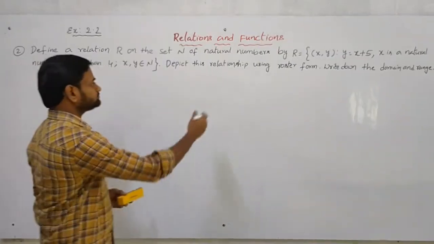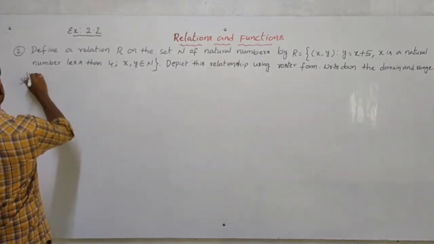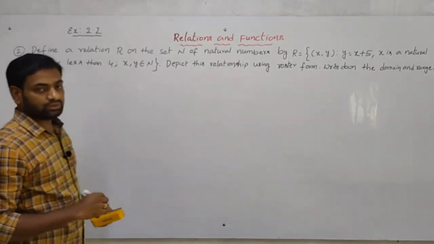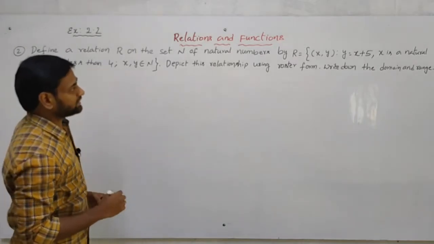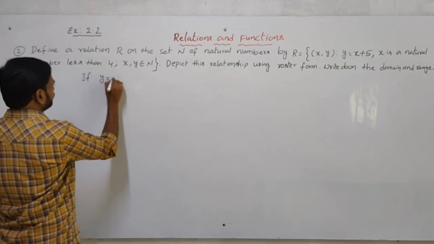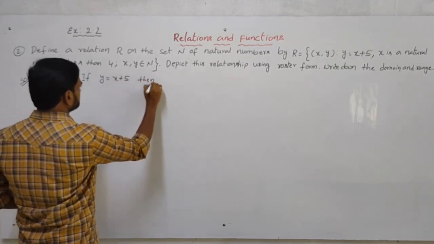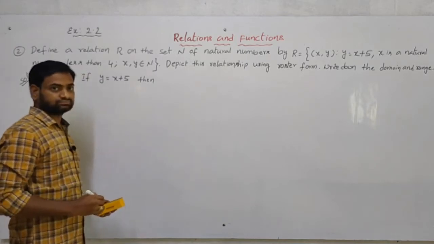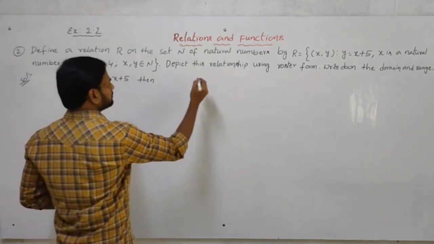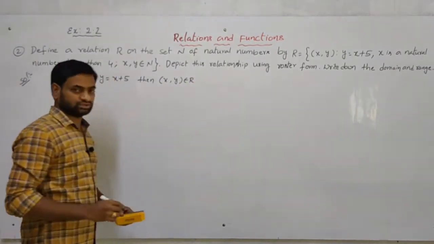Now see here. Solution. Here it is actually a two-way condition. If y equal to x plus 5, then (x, y) belongs to the relation.